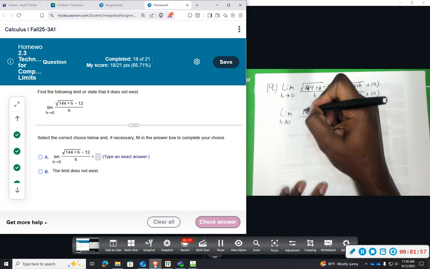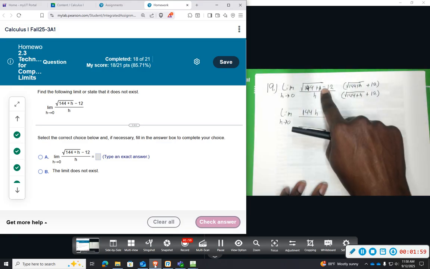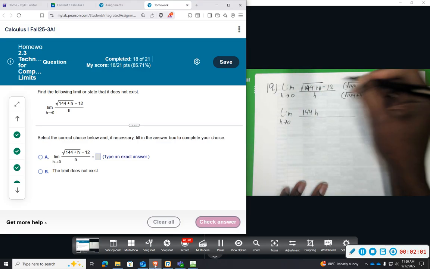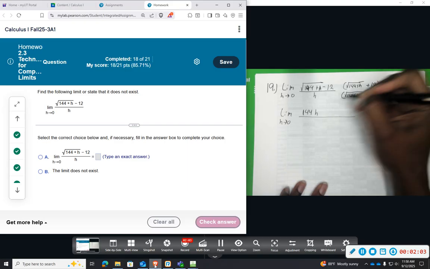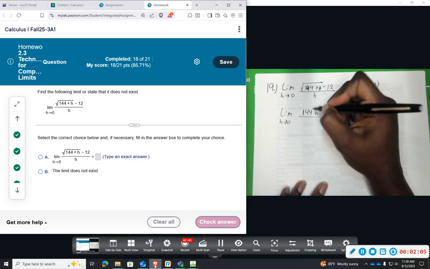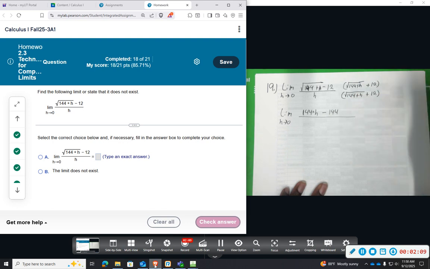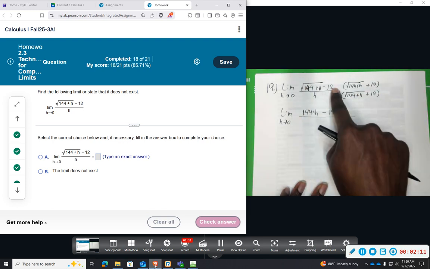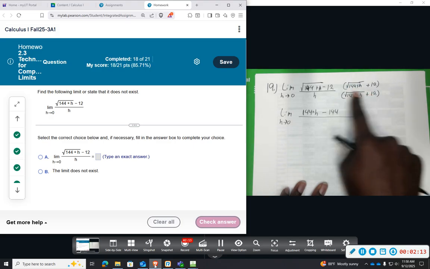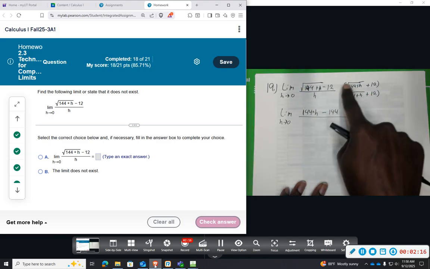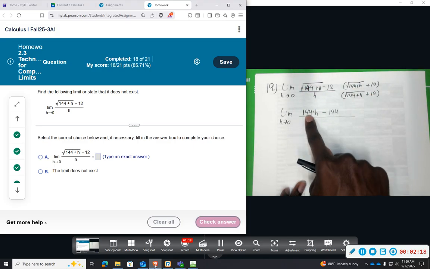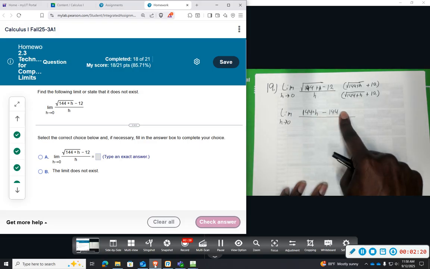We'll just end up losing the square root. And then the difference of squares happens when you multiply 12 and 12. You get a negative, sorry, it should be a plus here. You get a negative 144. So the middle term will cancel out when you do difference of squares. Remember, you just get the result of squaring the first and squaring the second. And so we get 144 plus h and then minus 144.